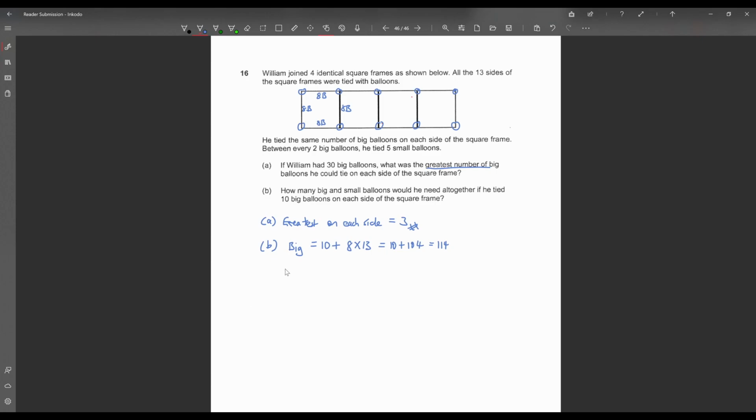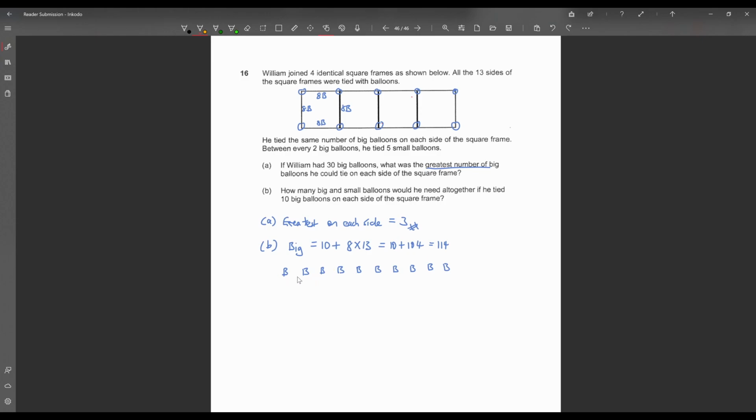So let's consider one side. At one side there are 10 big balloons: 1, 2, 3, 4, 5, 6, 7, 8, 9, 10. So this is one corner, this is another corner or intersection. The intervals in between will each have 5 small balloons.